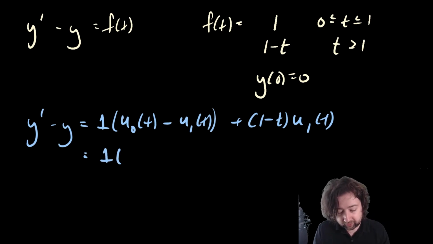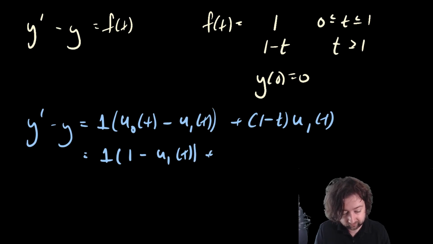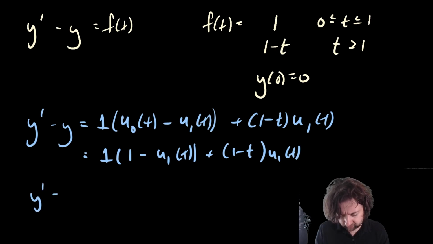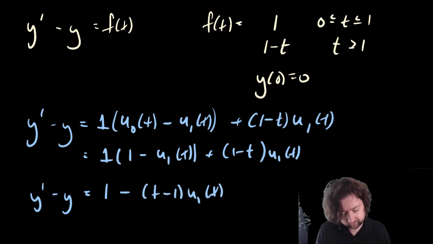It's pretty typical to rewrite this as 1 minus u1 of t plus 1 minus t times u1 of t. And then I can do some algebra here and rewrite this as y prime minus y is equal to 1 minus t minus 1 times u1 of t. So just rearranging.